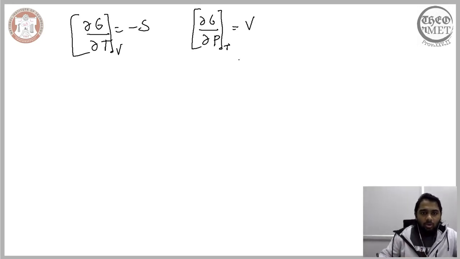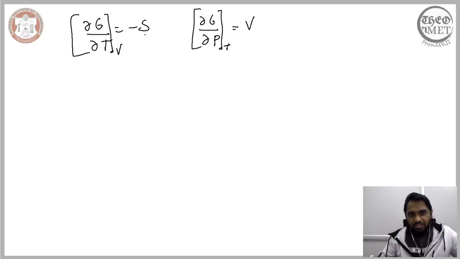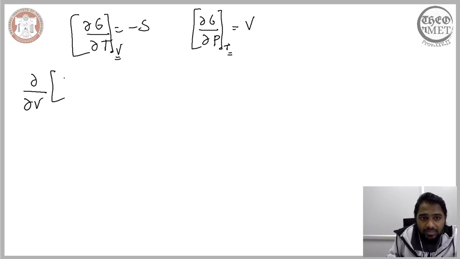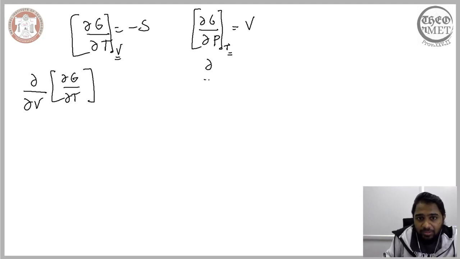Now let us proceed by relaxing these two constants, taking the numerical approach that we have adopted to arrive at Maxwell's relation. So when we relax this constant assumption, we end up considering the second derivative of the Gibbs free energy with respect to volume and temperature, and here as well we will be considering the second derivative of the Gibbs free energy.